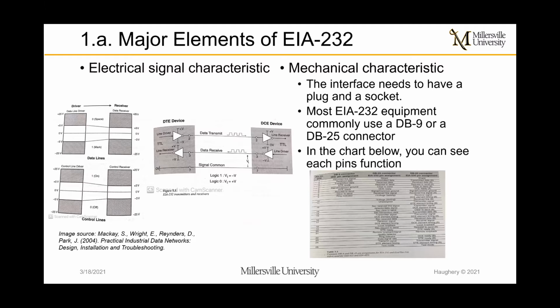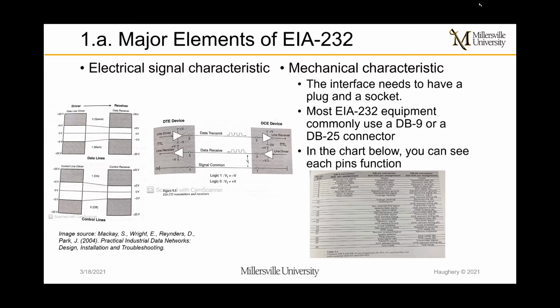All right, so here are the major elements of the EIA-232 system. There are electrical signal characteristics, which include the input and output voltage. They have to be the same or else you will get glitches within the system.